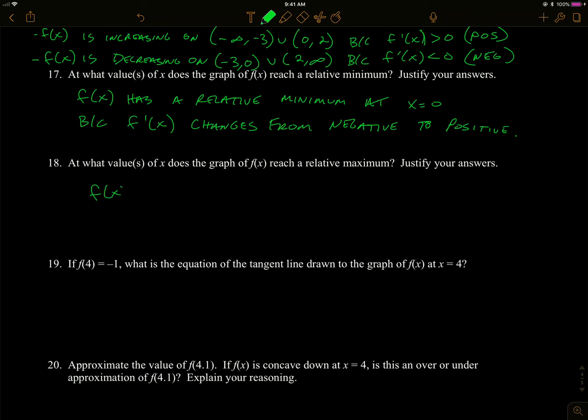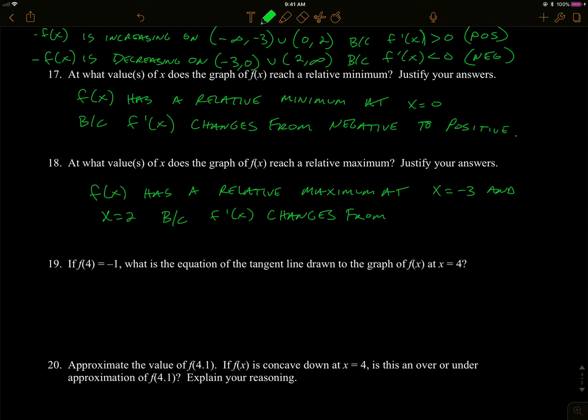So f of x has a relative maximum at x equals negative 3 and x equals 2 because f prime of x, the derivative, changes from positive to negative.